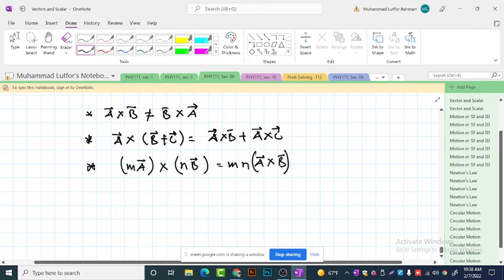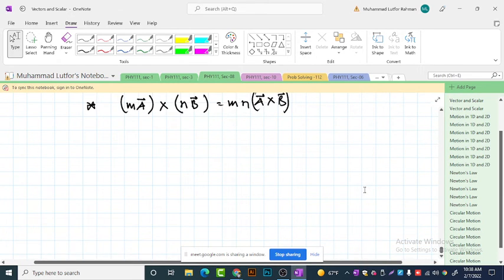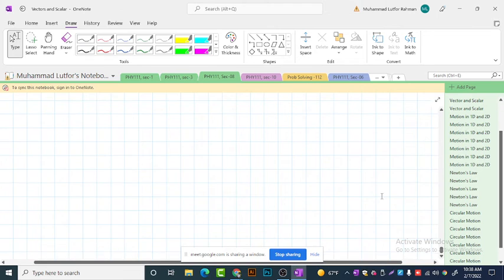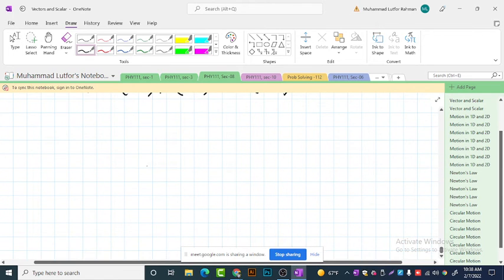Now let's talk about the physical significance of this cross product. Say I have two vectors, say this is the vector A and this is the vector B, which are the lengths of the two sides.